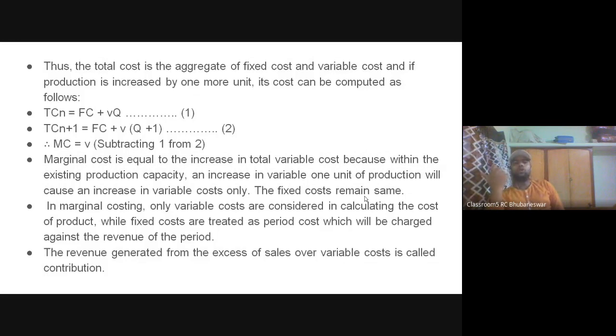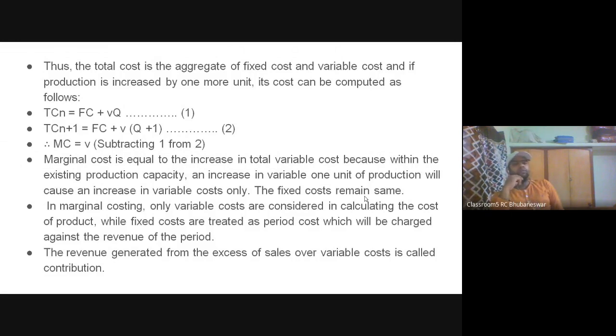What will be the total cost? Fixed cost will remain constant, plus the variable cost for the previous quantity plus 1. As the number of articles is not specified, we write Q plus 1. Then by removing the bracket, we get FC plus VQ plus V. Yes or no?